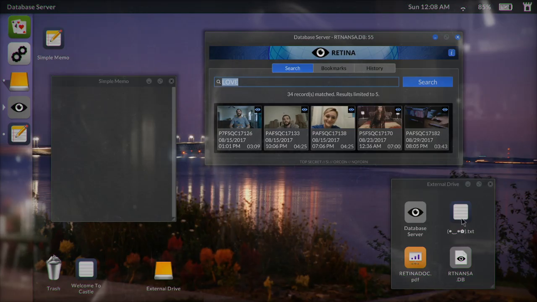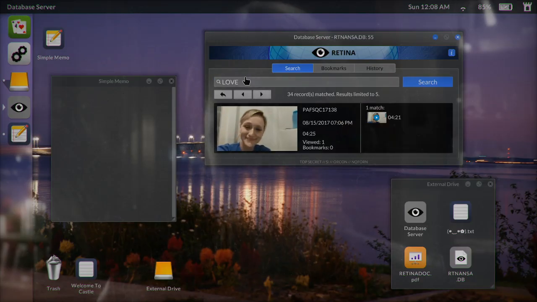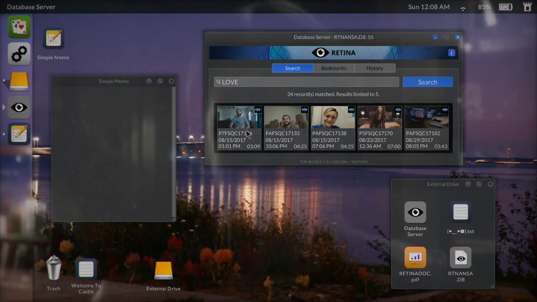What are we looking for there? No idea what we're looking for.